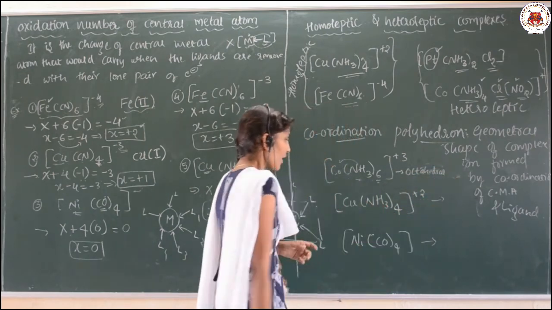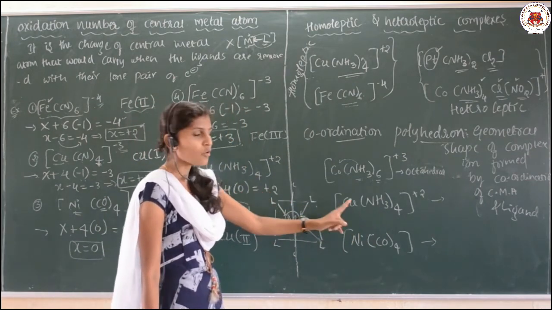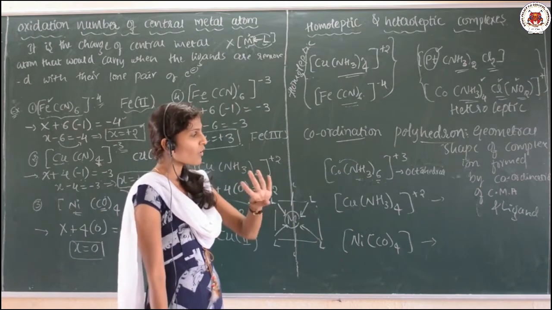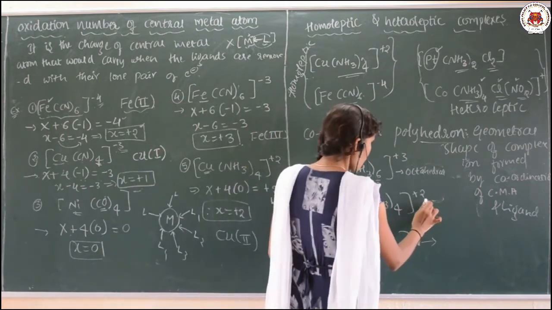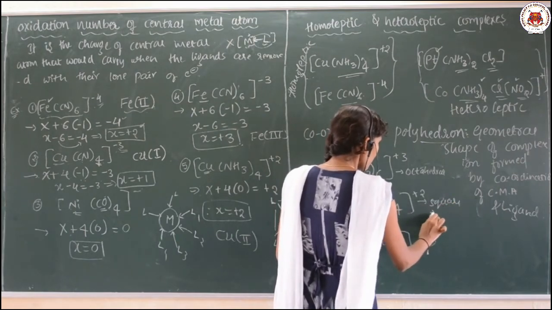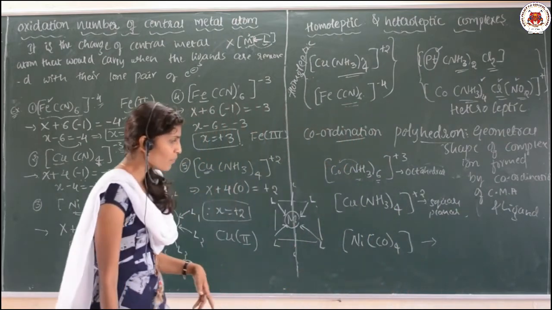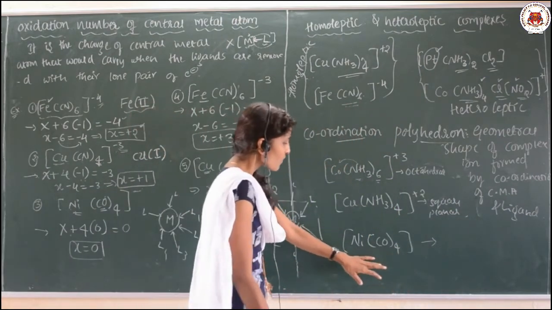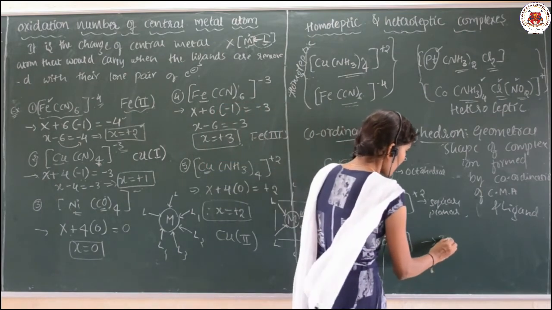And here, second example, the 4 NH3 are surrounding the copper. It means 4 ligands are surrounding the central metal atom, so it is a square planar. And then in the third example, here also the 4 CO are surrounding the nickel and its shape is tetrahedral.